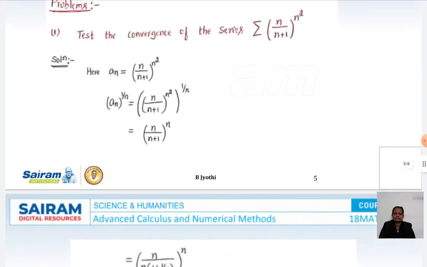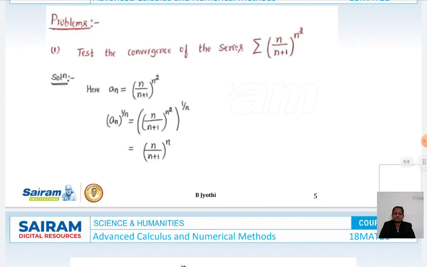First problem. Test the convergence of the series summation (n by n plus 1) to the power of n square. So an is given by (n by n plus 1) to the power of n square. Now let us raise both the sides to the nth root, or to the power 1 by n.